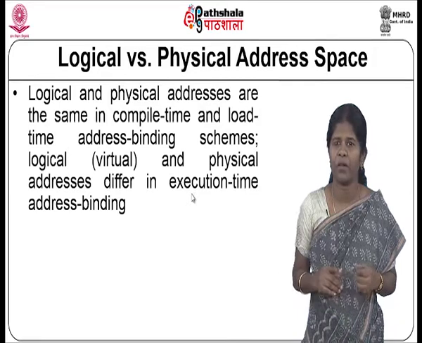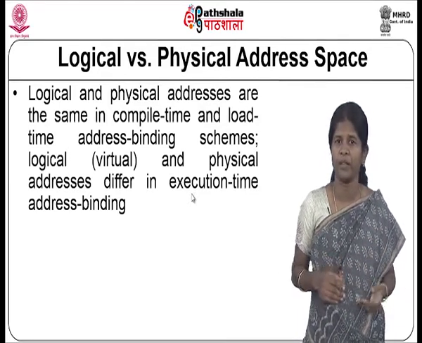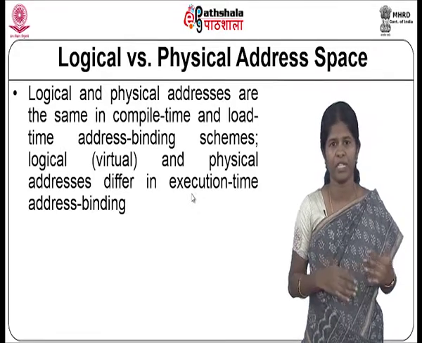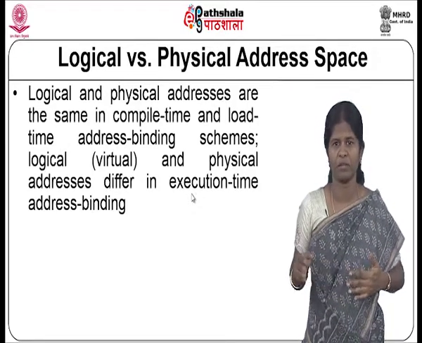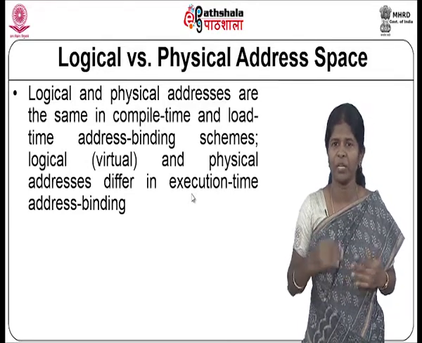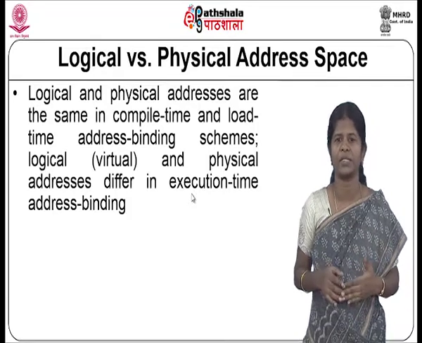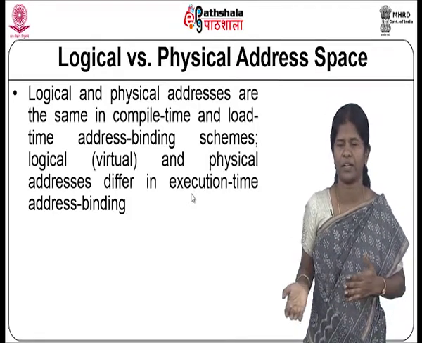So, if you are binding in compile time or if you are binding in loading time, then the logical address and the physical address are going to be the same. But if you are doing the address binding during execution time, then the logical address is different and the physical address is different.